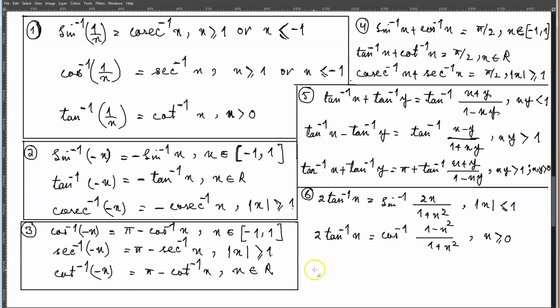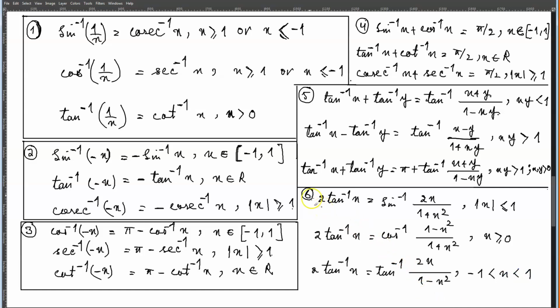And also 2 times tan inverse of x equals tan inverse of 2x over 1 minus x squared for negative 1 less than x less than 1.